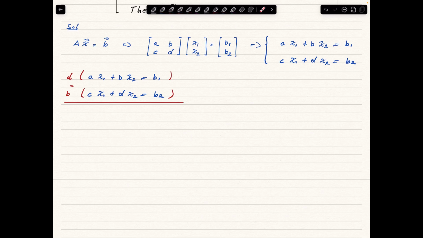Recall, what we need to do is distribute the products, do the difference, and what do we get?